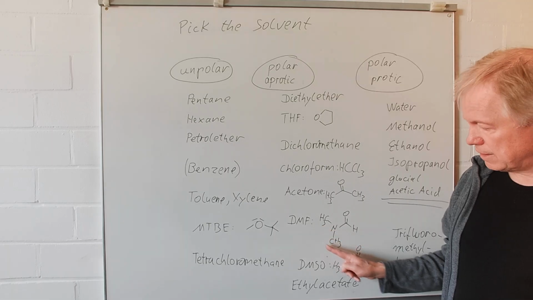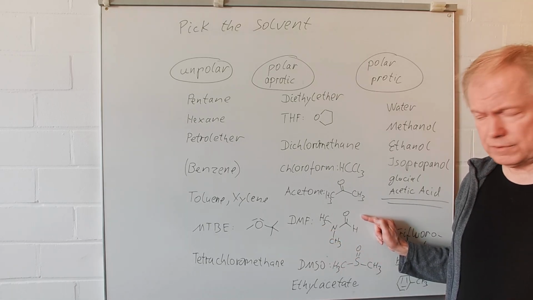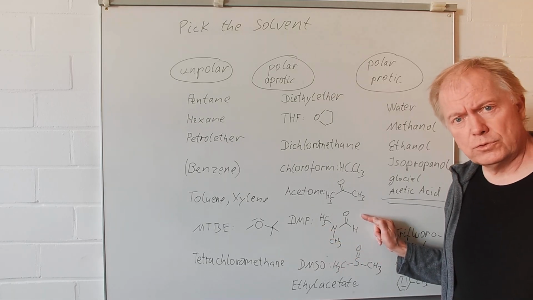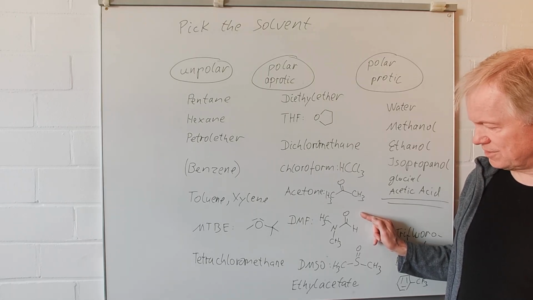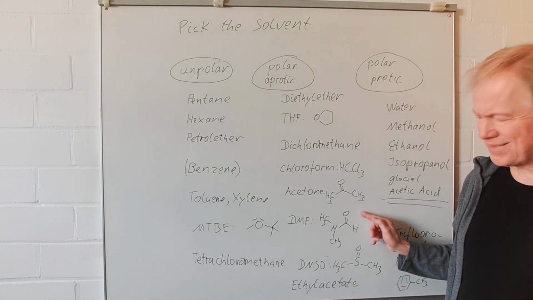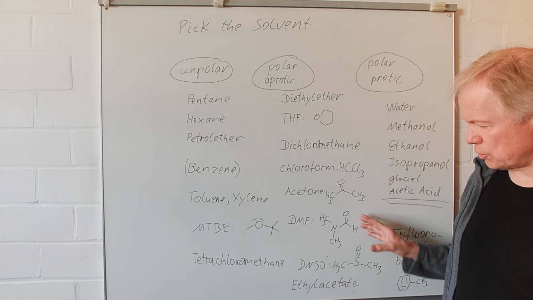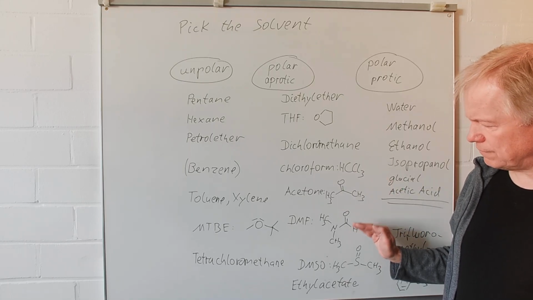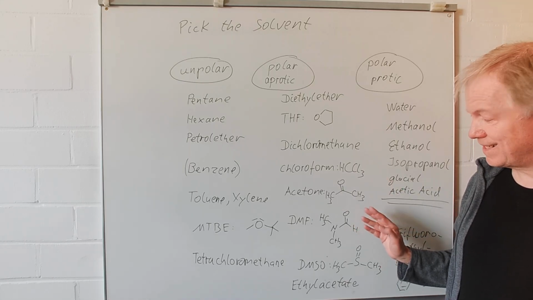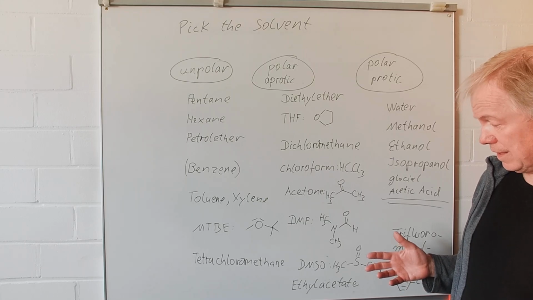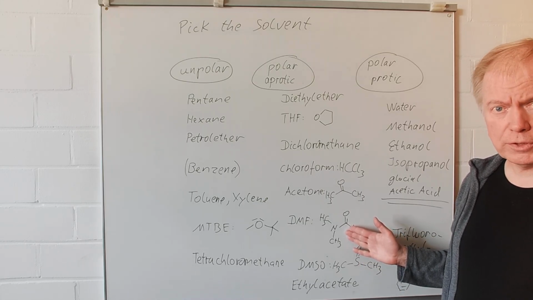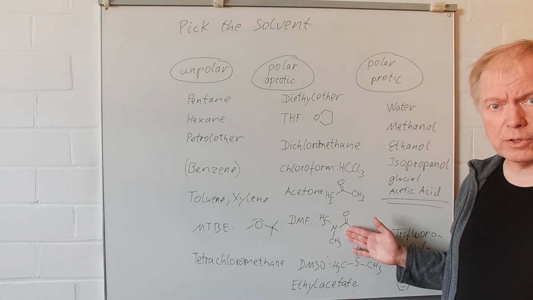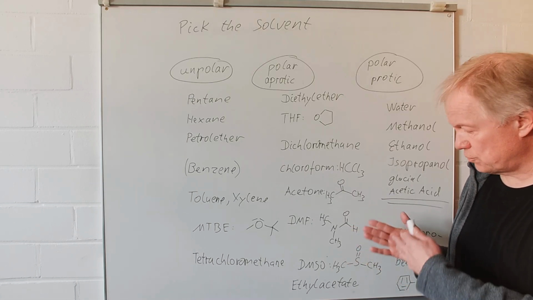DMF, a very polar solvent, often used in palladium catalyzed reactions. It is somewhat toxic. It is rather difficult to get it dry, and it has a rather high boiling point. Afterwards, you have problems to get rid of it.